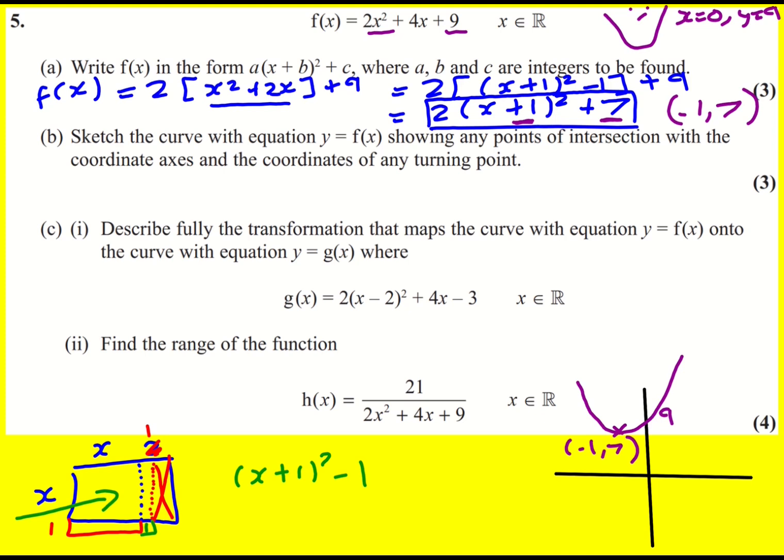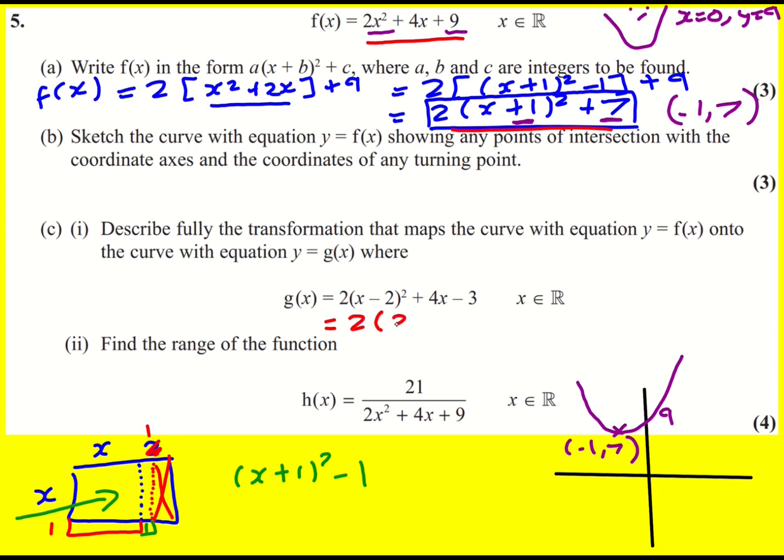Next up, we're asked to describe fully the transformation that takes f of x onto this curve g of x. Now, it doesn't look like a great mapping at the moment. Definitely not from here, but also not from the completed square form. So the first thing I think to do is expand everything out, and that 4x is the complication really. So expand it out, absorb the 4x, and then we'll go from there.